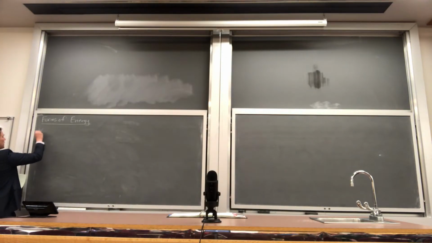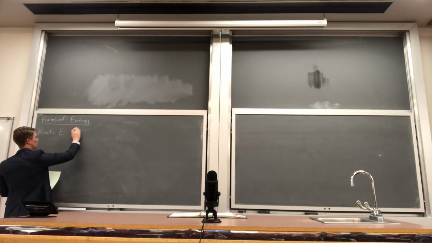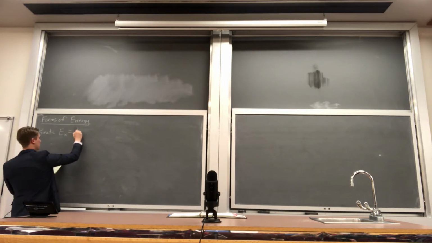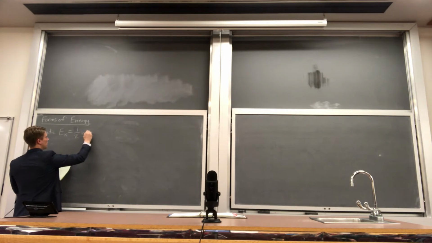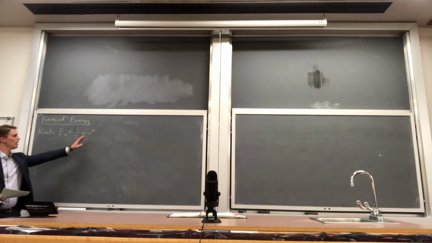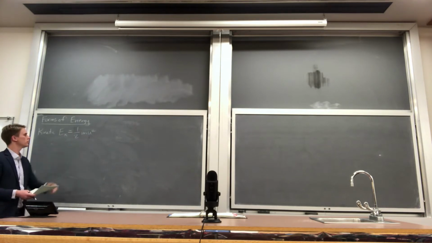So we have obviously kinetic energy. And again, in chemical engineering, I don't know how conventional this is across other disciplines, but we typically write velocity as lowercase u, because v as volume is a bit confusing.